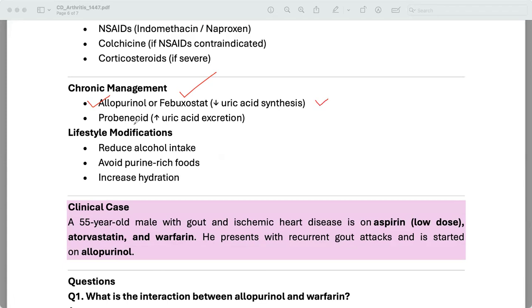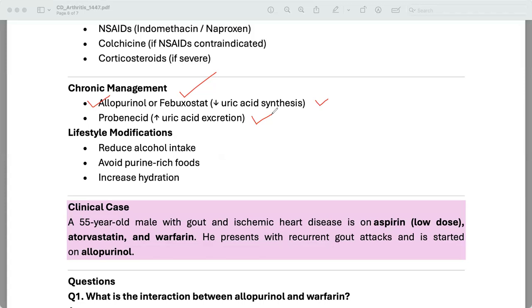Now, probenecid. Probenecid is a uricosuric agent. It will increase uric acid excretion in the urine, so it is called a uricosuric agent. And the drug that decreases the synthesis of uric acid is allopurinol.